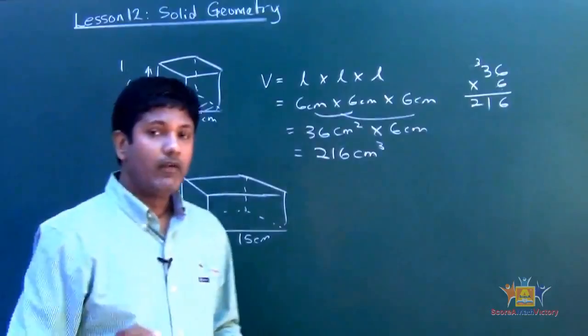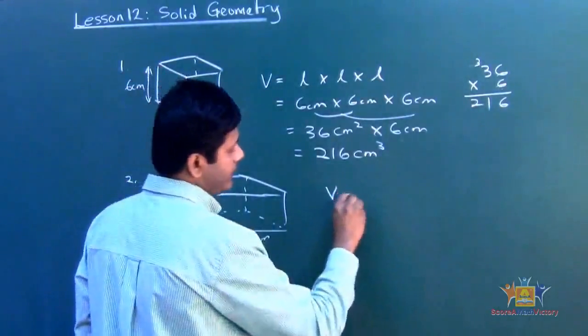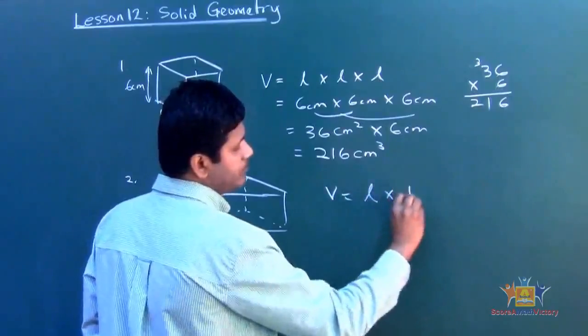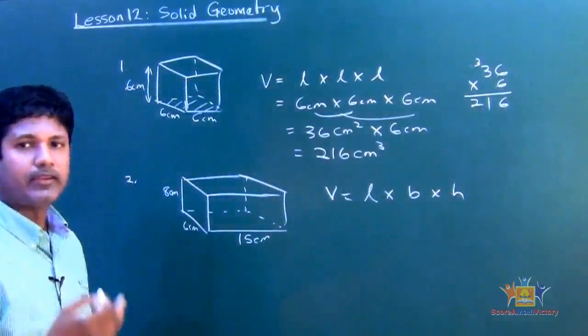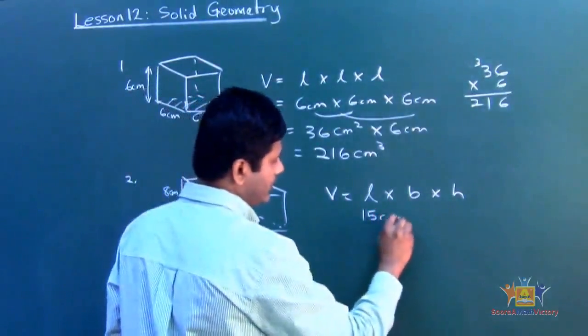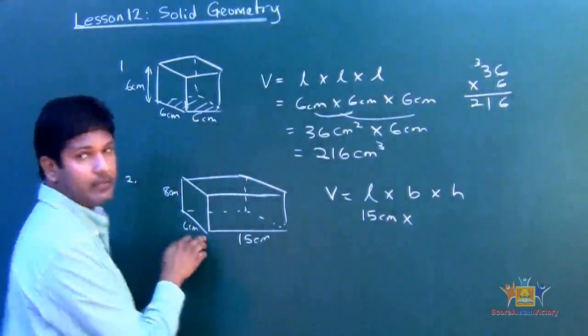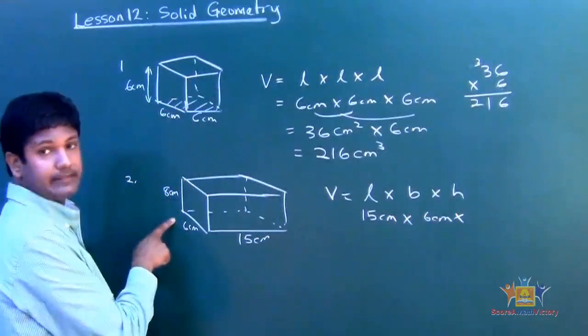So what is the formula for volume of a cuboid? Volume equals length times breadth times height.